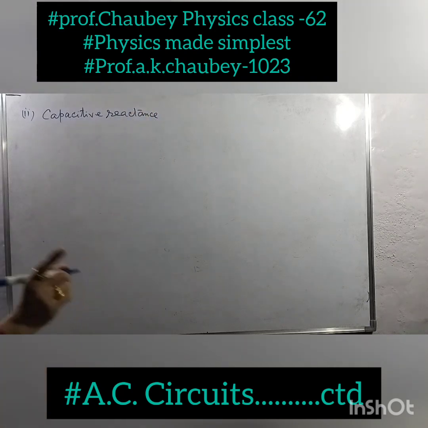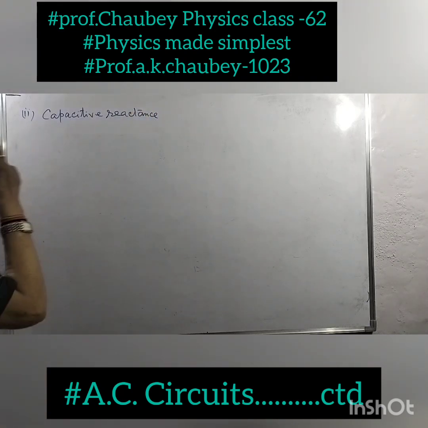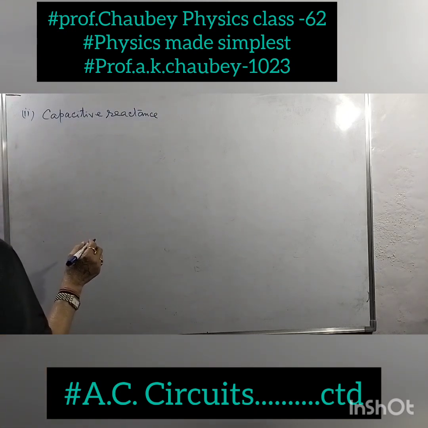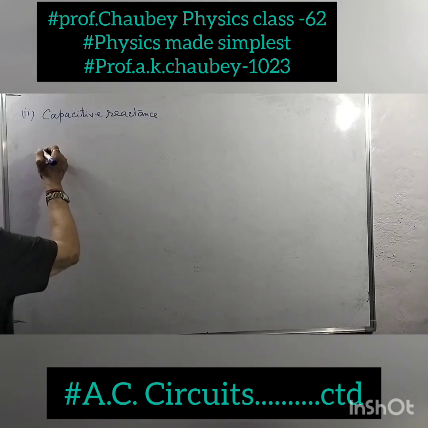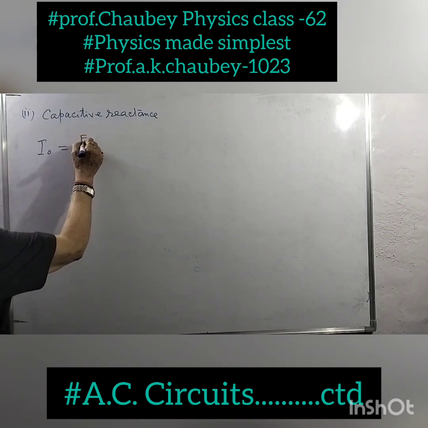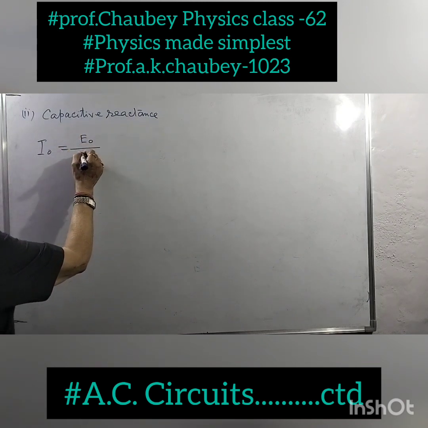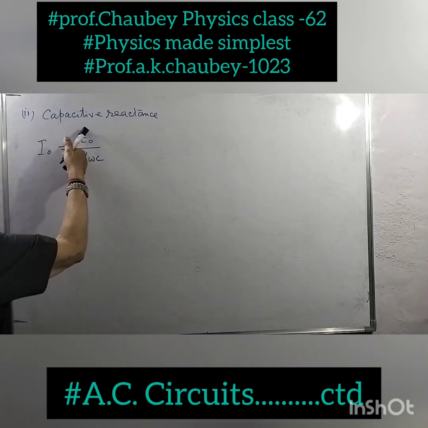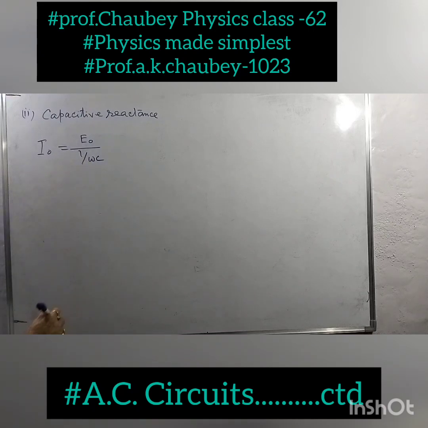As we have in the inductance case, inductive reactance omega L, here you see, when you see the expression of the current, that is I naught is equal to E naught over 1 over omega C. So current is potential divided by the resistance.